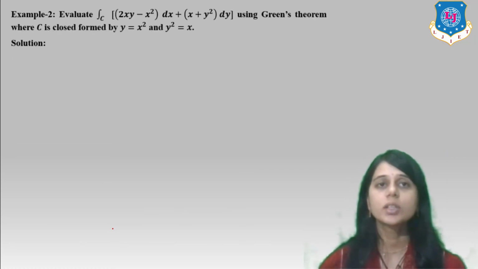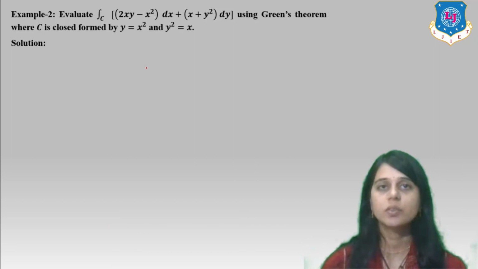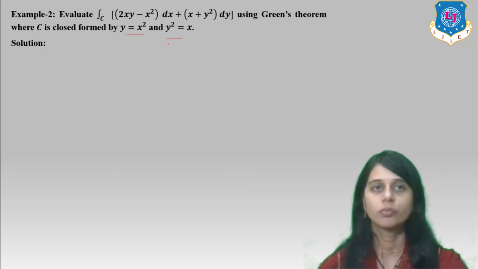Evaluate the integral over C of (2xy minus x square) dx plus (x plus y square) dy using Green's theorem, where y equal to x square and y square equal to x.